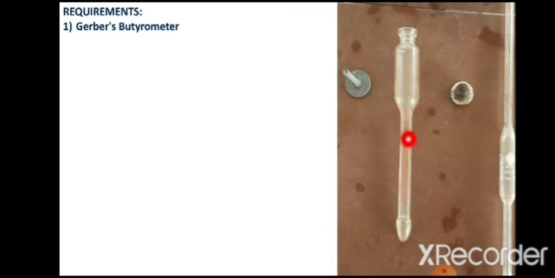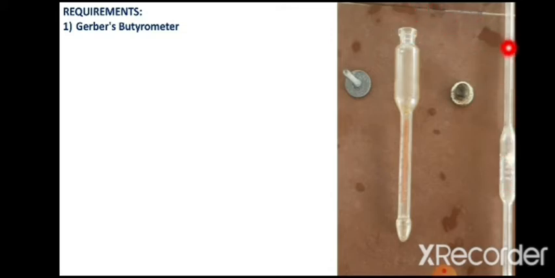There are markings here, this is the region where we are going to read the content of fat. This is the lid which is going to be placed at this mouth, and this pin is going to help to fix this lid onto this mouth.